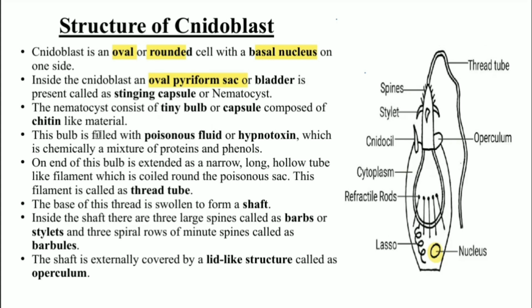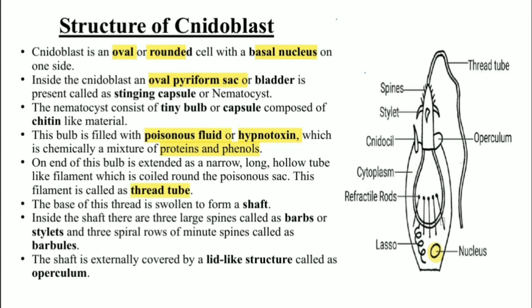Now the bulb is filled with poisonous fluid which is called as hypnotoxin. It is chemically the mixture of proteins and phenols. One end of this bulb is extended as narrow, long, hollow tube-like filament which is coiled around the poisonous sac. This filament is called as thread.